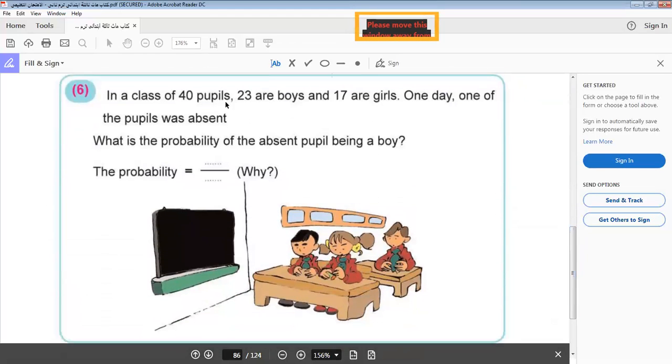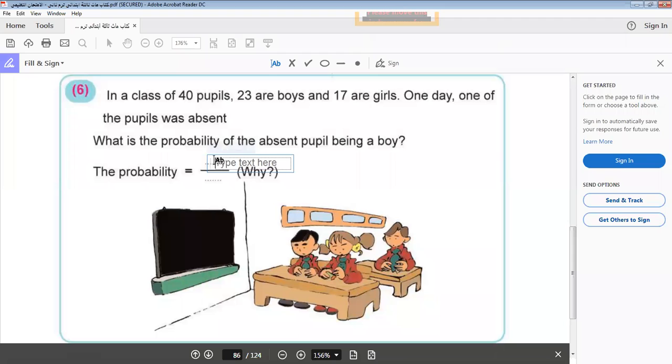In a class of 40 pupils, 23 are boys and 17 are girls. On one day, one of the pupils was absent. What is the probability of the absent pupil being a boy? How many boys do you have here? I have 23. And how many girls? 17.